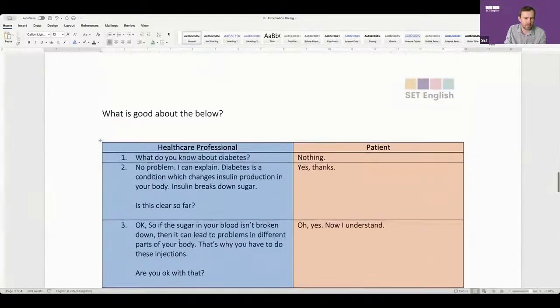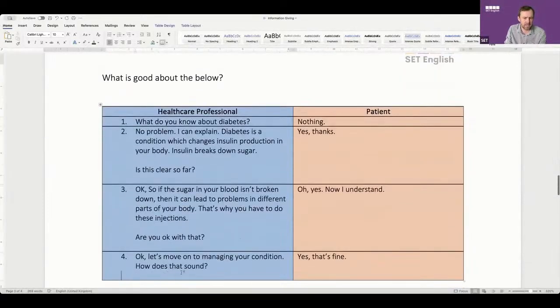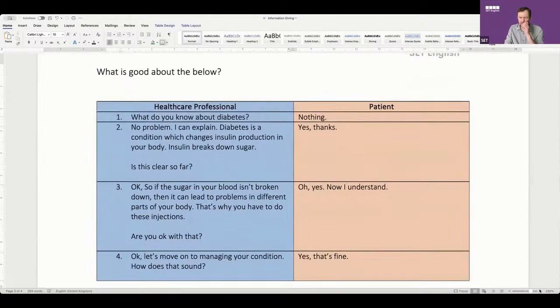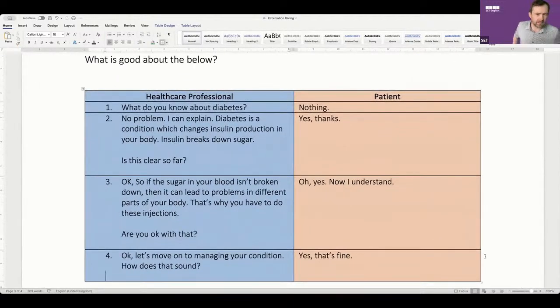I haven't got number 5. Okay, so have a look at that. I want you to make a note on your paper: what's good about it? Don't tell me yet. Then put your hand up if you'd like to tell me if you think anything is good about it. I'll put 1 minute on the clock.